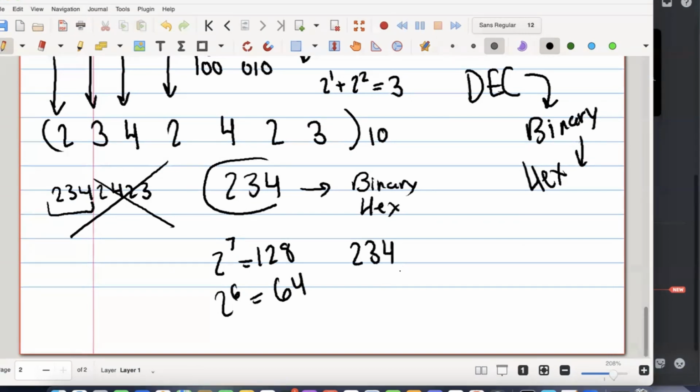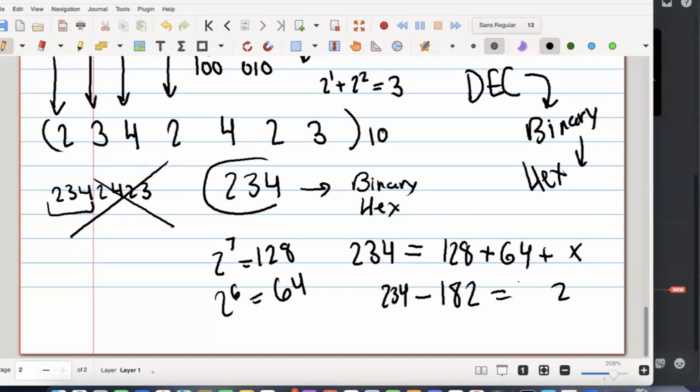So we know that 134, well, you can break this down to 128 plus 64 plus an x term. 128 plus 64, that is 182. Okay, 182 minus 234. It's going to be 1.